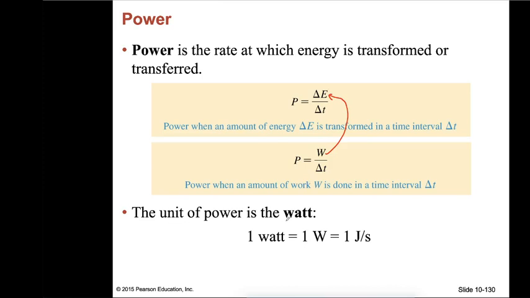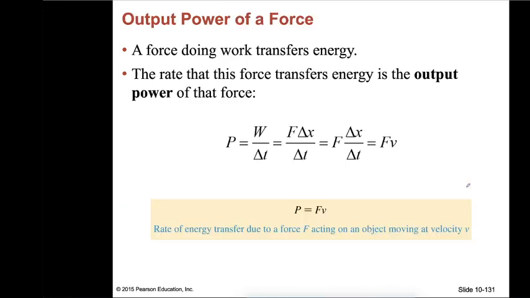The unit of power is watt, or joule per second. A force doing work transfers energy. The rate that this force transfers energy is the output power of that force, which can be calculated by W over delta T. However, W equals F times displacement delta X. Delta X over delta T equals V. So sometimes the power can be written in this form, P equals FV.